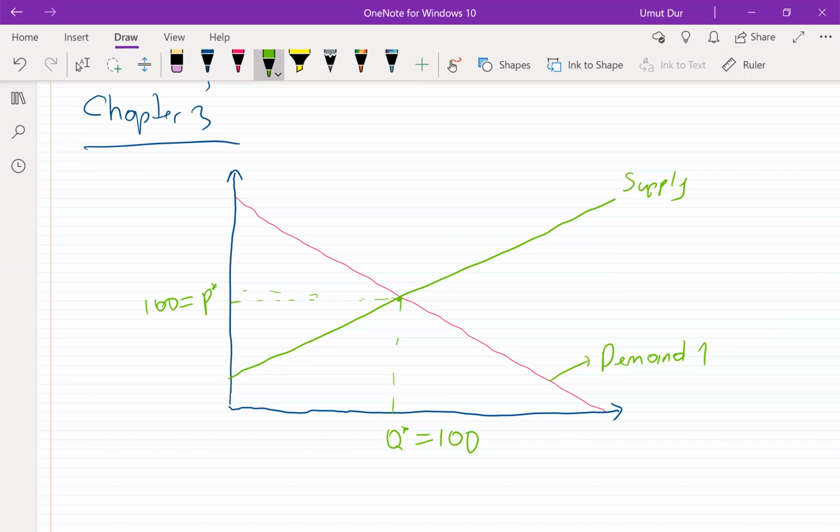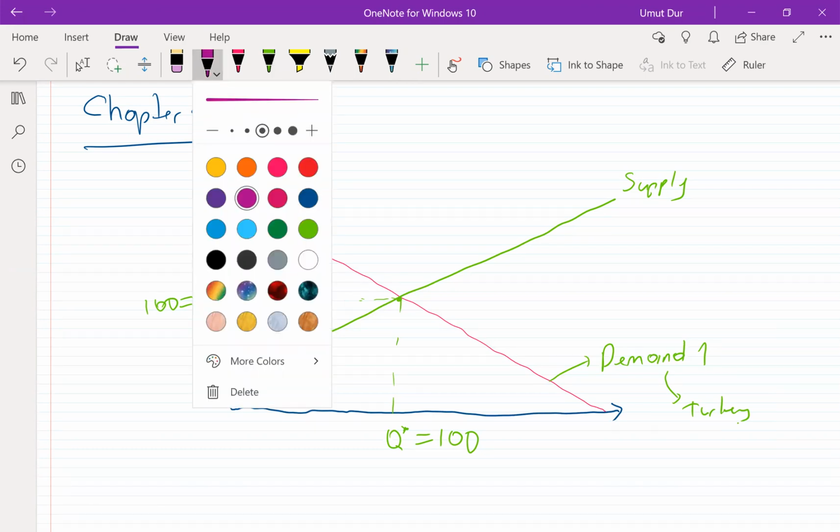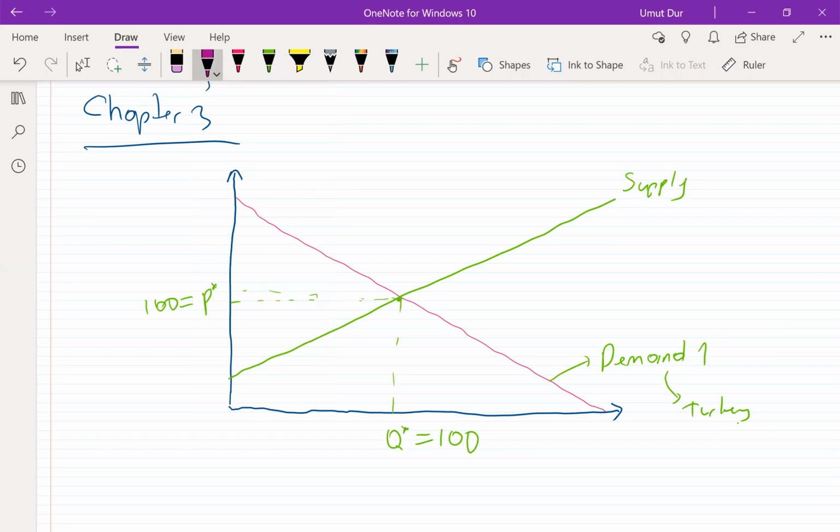Now let's think about an alternative demand. Let's say that this is the demand in Turkey. Now let's think about an alternative demand in Greece. We are looking for an alternative demand in Greece. The demand in Greece is steeper.